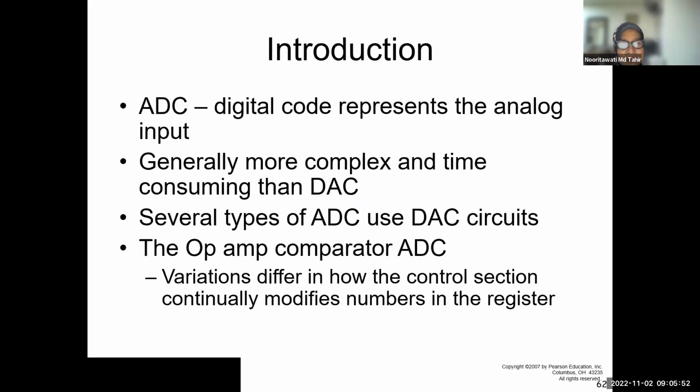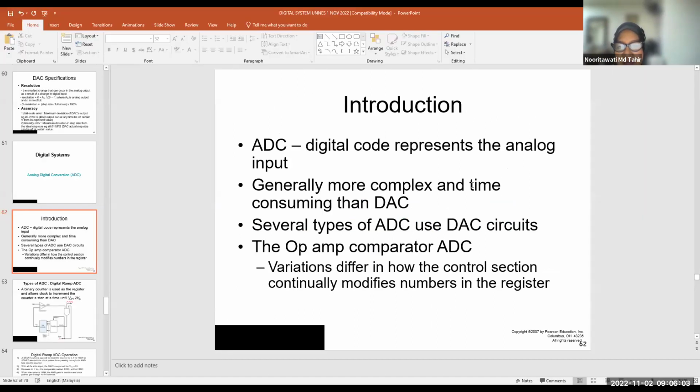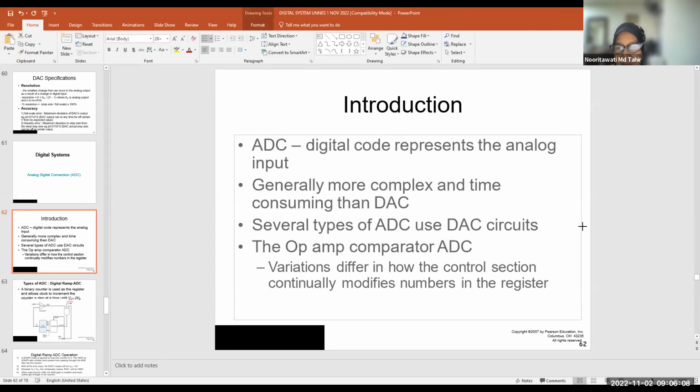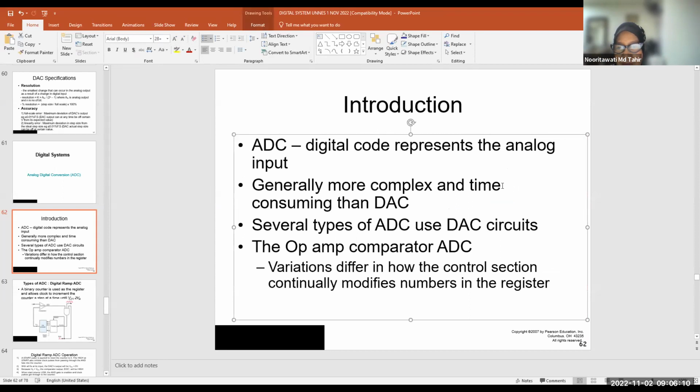Okay, so analog to digital converter adalah digital code that represents the analog input, and generally more complex and time consuming as compared to DAC. I don't know why the circuit lari lah. Dia punya ayat ni lari.